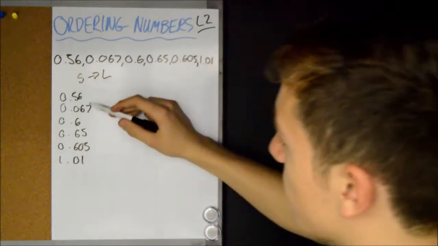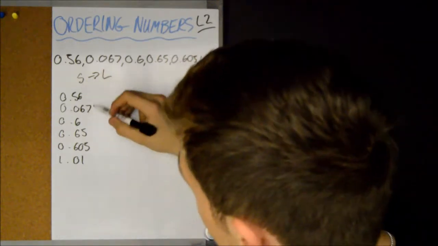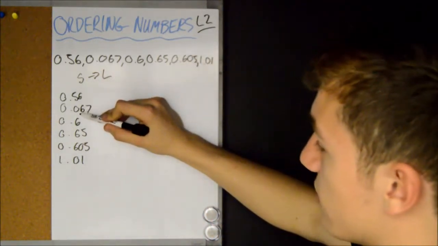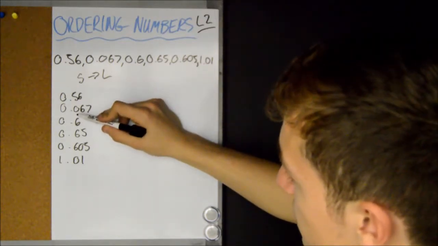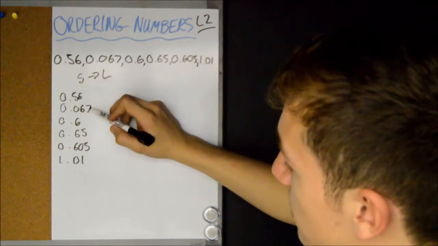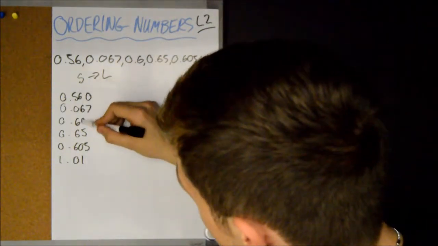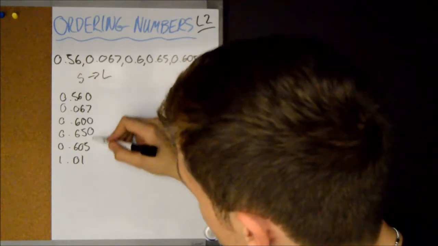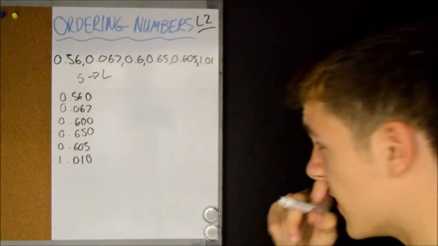So if we start with our first rule by adding a 0, now we're going to add a 0 to level off the same amount of digits here. So as we can see, there's 3 digits after the decimal place, and that is the highest amount, so we're going to add a 0 on, so that all numbers have the same amount of digits, like so.